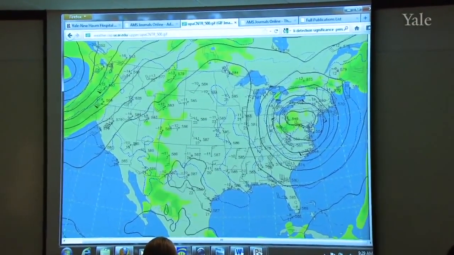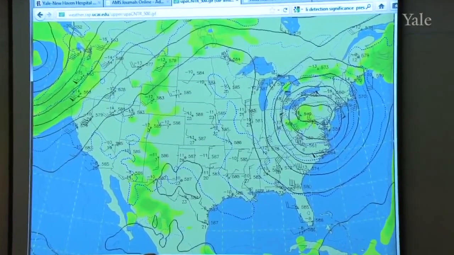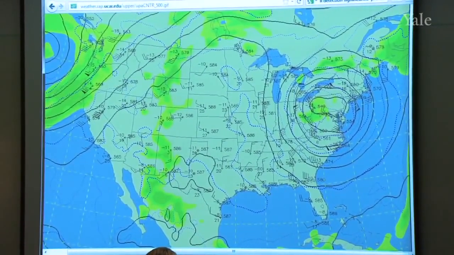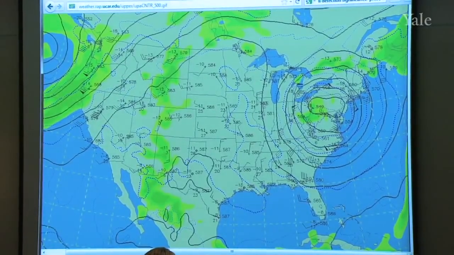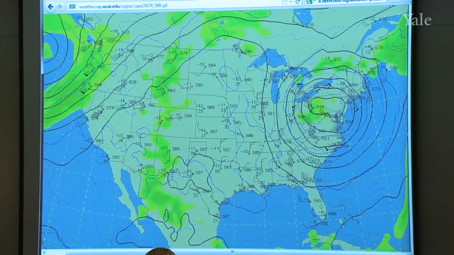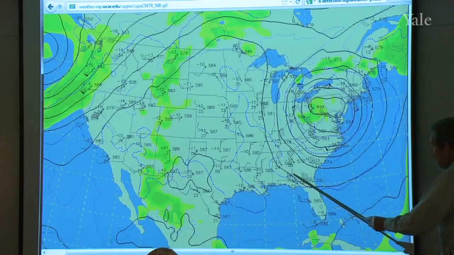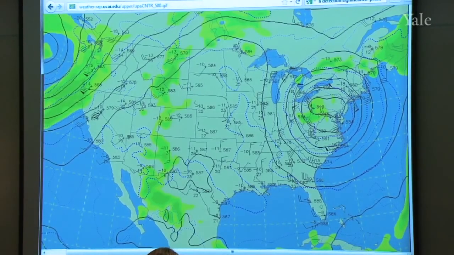So when data is analyzed above the Earth's surface, it's normally done on constant pressure surfaces. It's not exactly constant altitude, but it's more or less a flat horizontal surface. And what's contoured in black is actually the altitude itself. So that constant pressure surface is a little bit rolling.